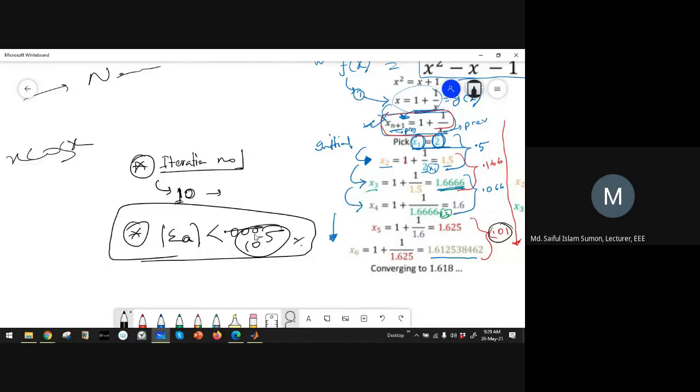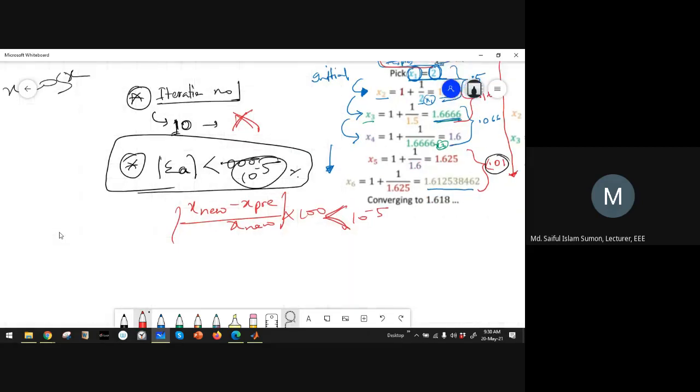At that time I will check the error after each and every iteration: x new minus x previous divided by x new, times 100 if it's a percentage. I will check whether this is less than 10 to the power minus 5 or not. If it is, then the value of x new is my solution.